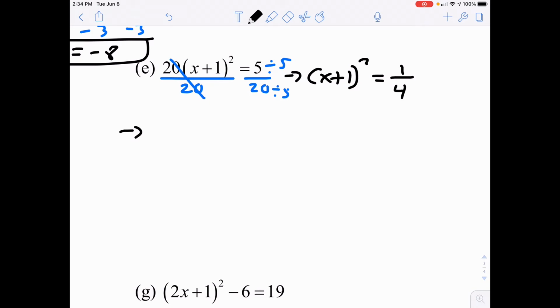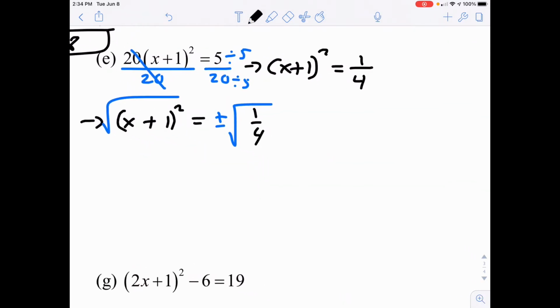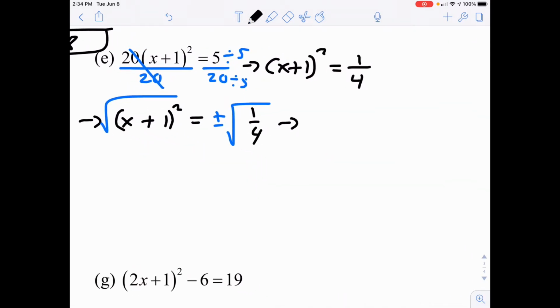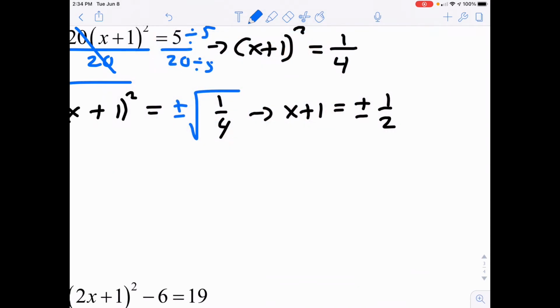Now I'm going to take the square root of both sides, plus or minus. And when I do that, I get x plus 1 equals plus or minus the square root of 1/4. The square root of 1/4 would be 1/2 because you take the square root of the 1 and the square root of the 4 separately. And lastly, I'm going to subtract 1 from both sides.